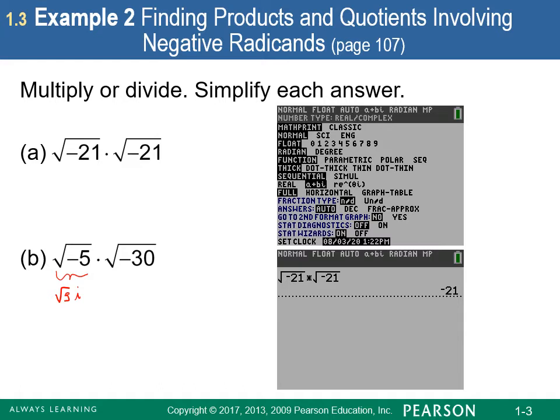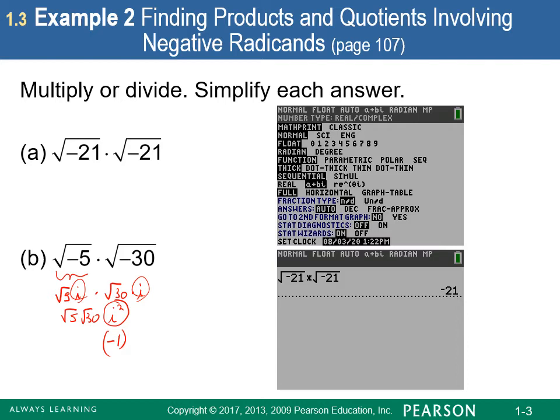The square root of -30 is the square root of 30 times an i. When you multiply these, you can put the square root of 5 and the square root of 30 together, and then the i times the i would be an i squared. i squared is the same thing as a -1.